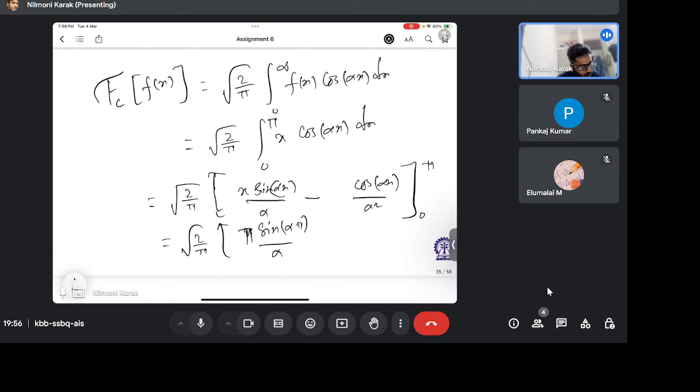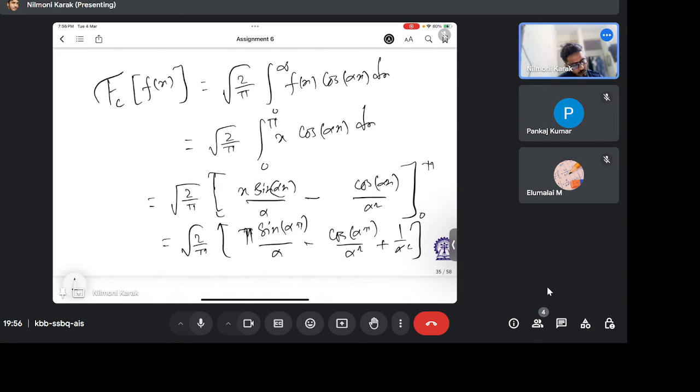For the lower limit it is 0, and minus cos alpha pi by alpha square, and plus 1 by alpha square.